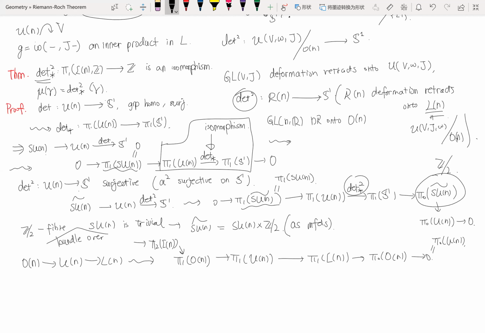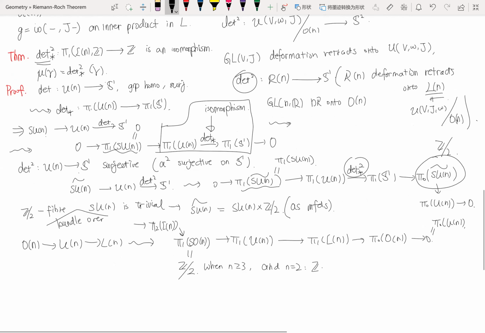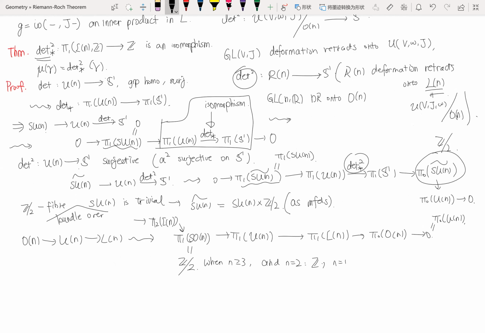But we know that pi 1 On is equal to pi 1 SON, and it is a well-known fact that it is isomorphic to Z quotient by 2 when n is greater than or equal to 3, and when n is equal to 2, it is just the group of integers, and when n is 1 it is trivial because the group itself is trivial.